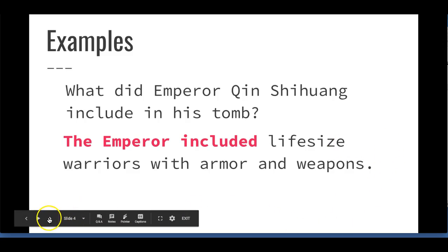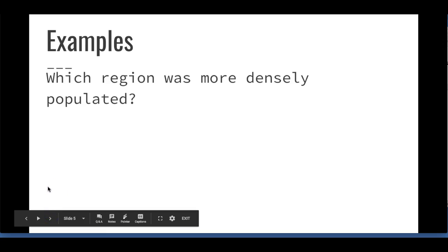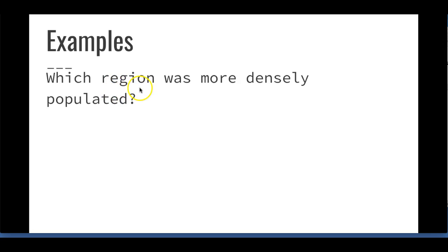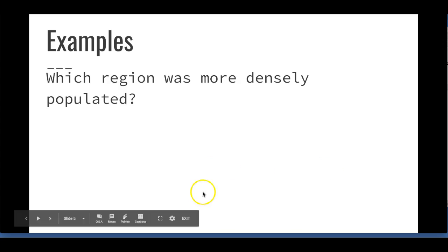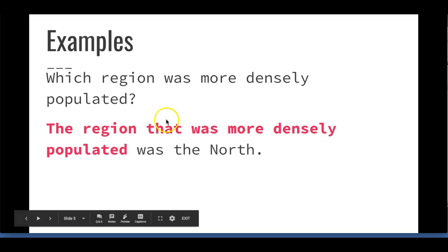All right, next example reads, which region was more densely populated? So we're trying to figure out a specific region, right? So how would you write the complete sentence? The region that was more densely populated was the north.